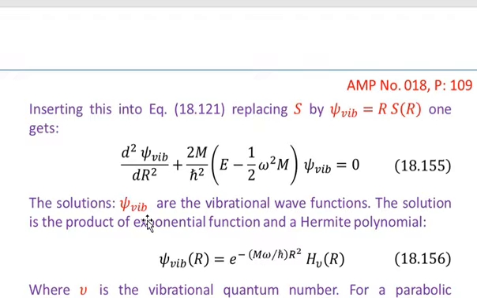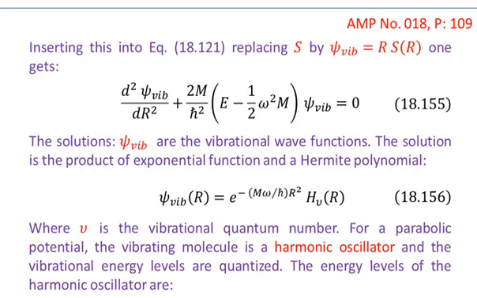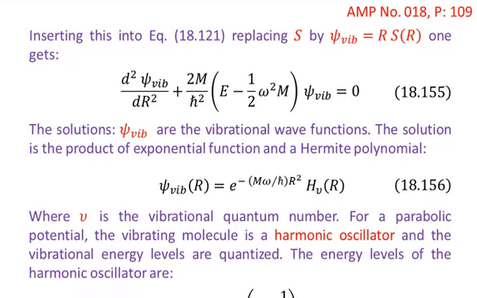The solutions, that is psi vibration, are the vibrational wave functions. The solution is the product of the exponential function and a Hermite polynomial. So if you find the solution of this equation, you will notice that the vibrational wave function will consist of the product of the exponential function and the Hermite polynomial.